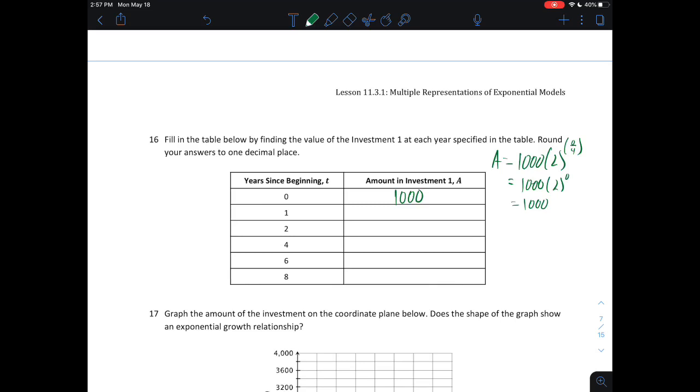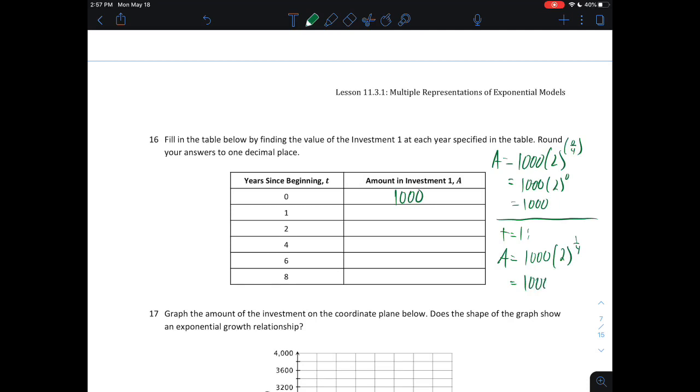Now let's do this for t equal to 1. So t equal to 1, A would be 1,000 times 2 raised to the 1/4. And I would suggest trying to do some of these things using some scratch room. 1 divided by 4, just plug that into your calculator. That's 1/4, or 0.25.